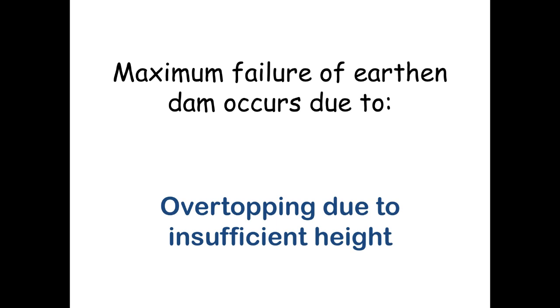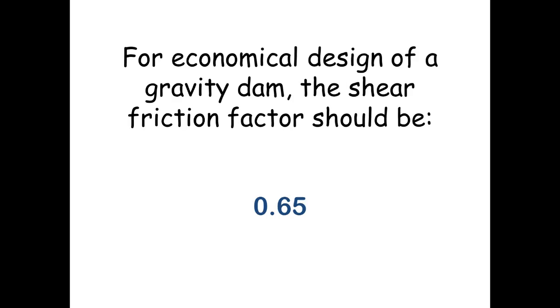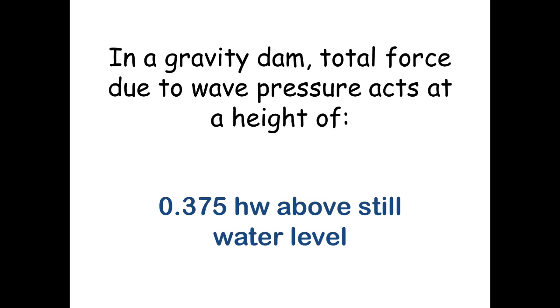Maximum failure of earthen dam occurs due to overtopping due to insufficient height. For economical design of a gravity dam, the shear friction factor should be 0.65. In a gravity dam, total force due to wave pressure acts at a height of 0.375 SW above still water level.